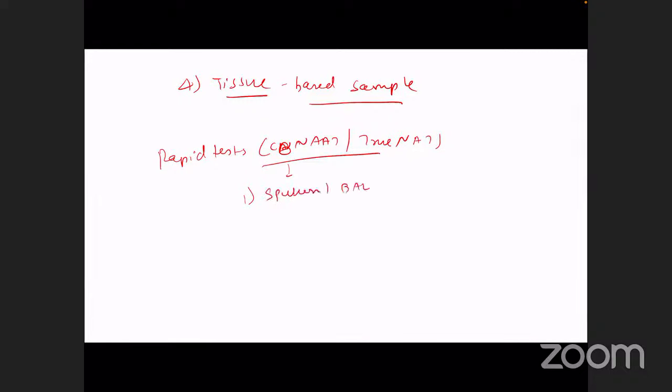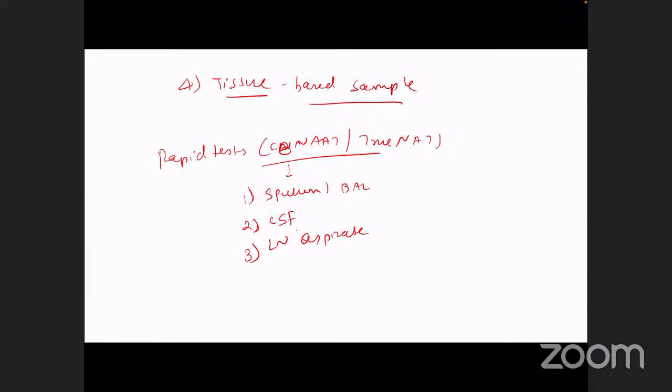Second is CSF, and third is lymph node, mostly lymph node aspirate. You may even sometimes get a cold abscess, without involvement of lymph nodes, but per se this is sufficient. So rapid tests can be used only for these 3 samples.